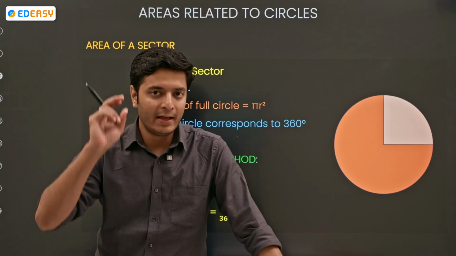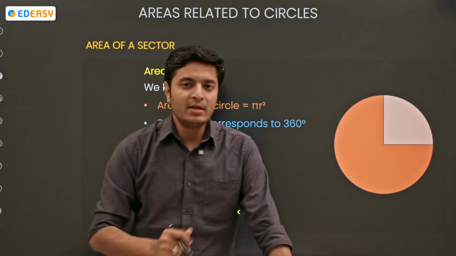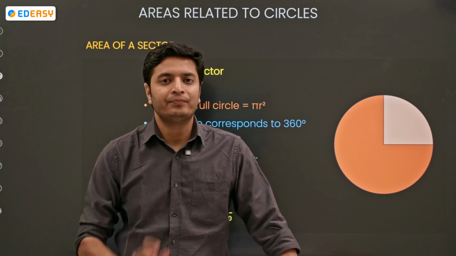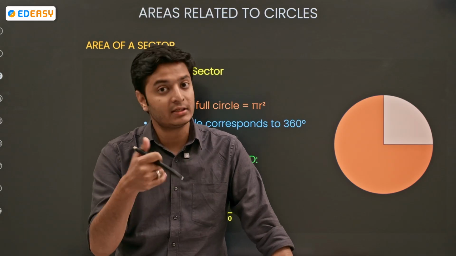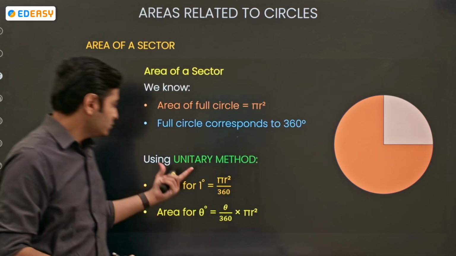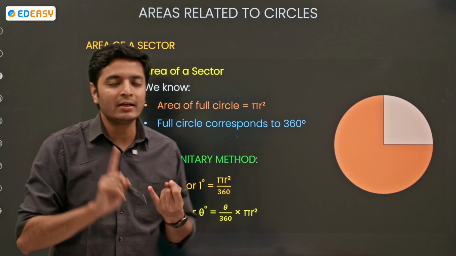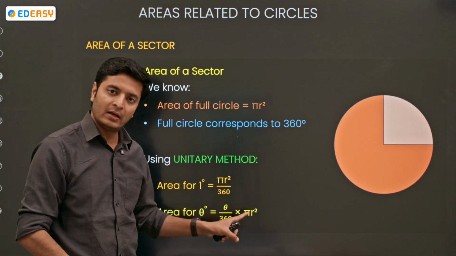It means when the angle is 360 degrees, the area is pi r square. Now let me ask you, if the angle is 1 degree, what is the area of the circle? Pi r square divided by 360, unitary method. So this is what we are doing. Area for 1 degree is pi r square by 360, correct?